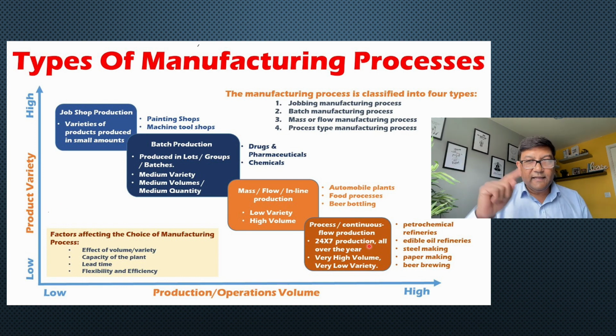If I take the photo frame example again, in process or continuous flow we manufacture the same size in very high volume in the same color, so there is no variation to this product.